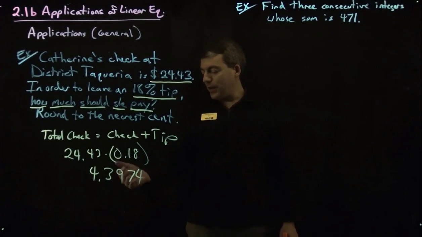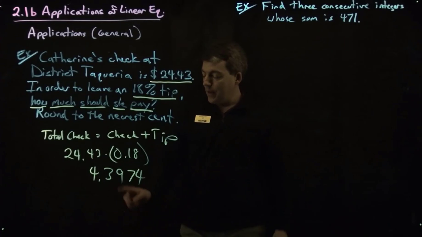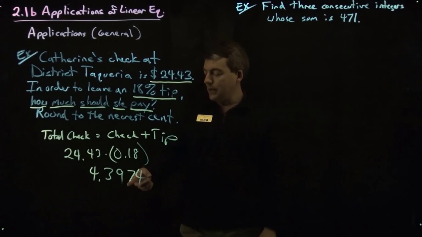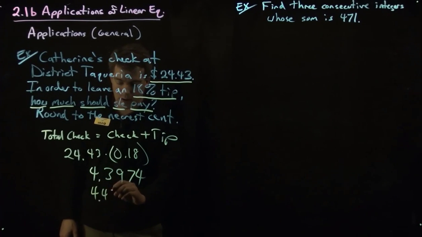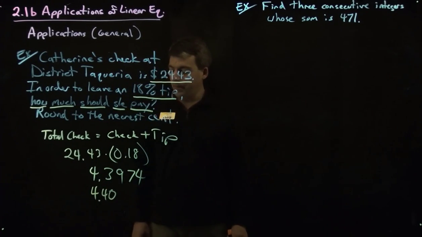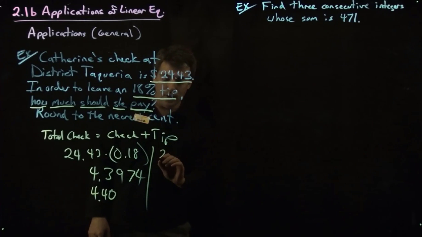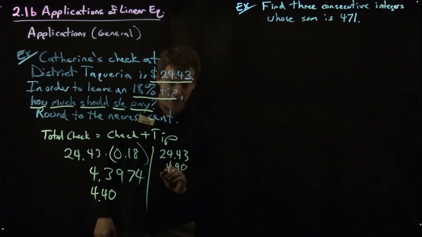Now we're asked to round to the nearest cent, so we don't need the thousandths or ten-thousandths part. So we'll look at the hundredths digit. It's a 9. We'll look to the one to the right, and that's a 7. That's bigger than 5, so we need to add 1 to 9. That makes this $4.40 for the tip. Okay, we'll take this, add it to the total here. So we've got $24.43 plus $4.40.